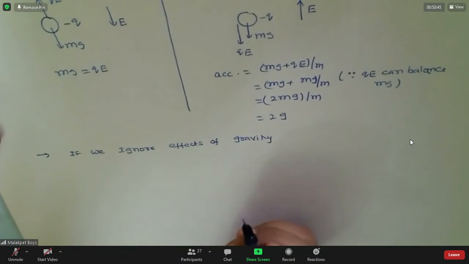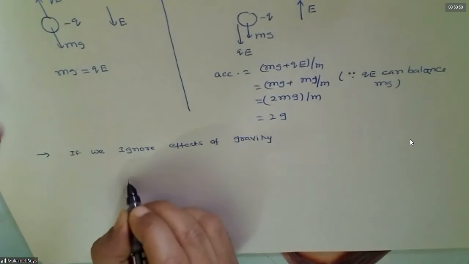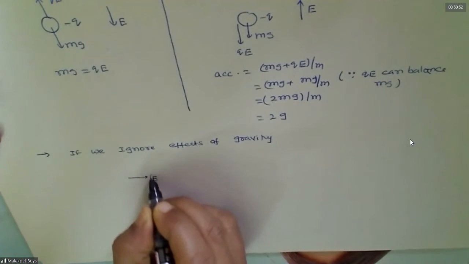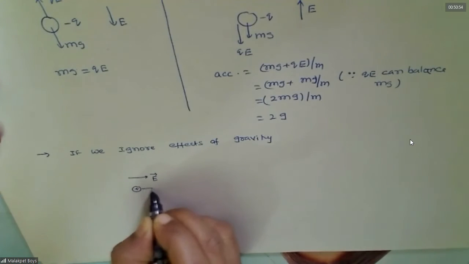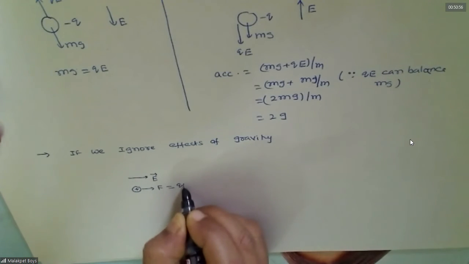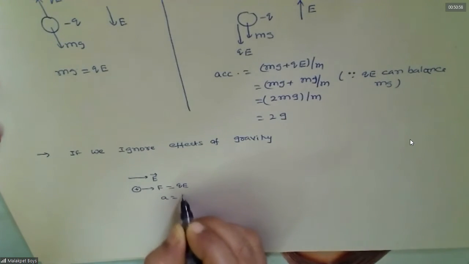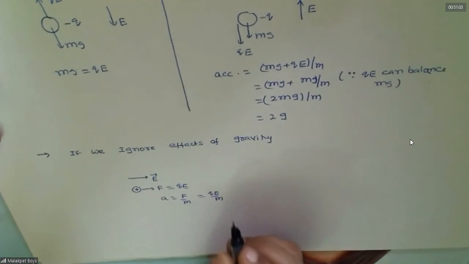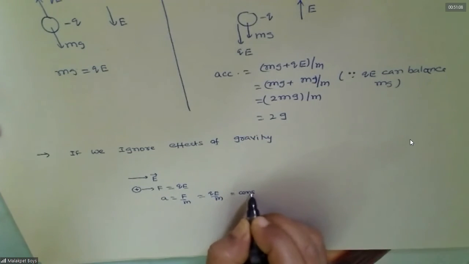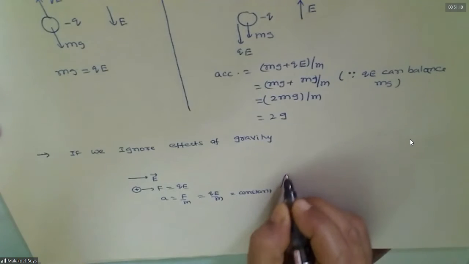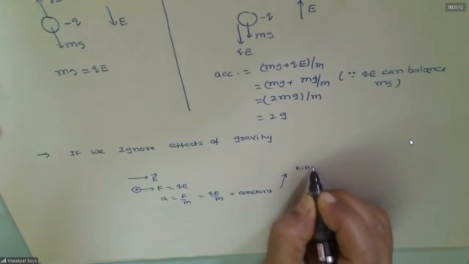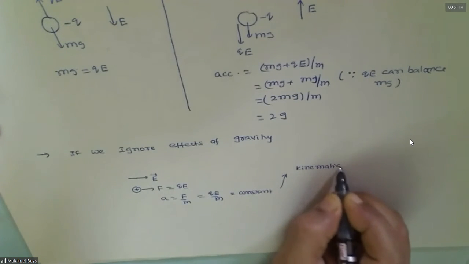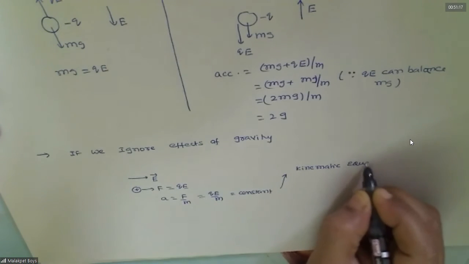Then you can see that if the electric field is this side, then a positive charge will have a force here. Due to this, there is an acceleration. Remember all this? Yes, sir. So this is constant only, no? Since it is constant, kinematic equations can be applied now.